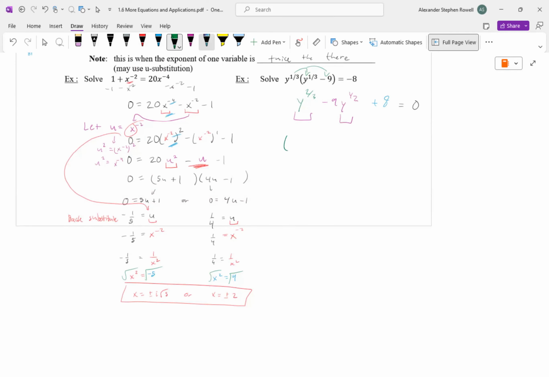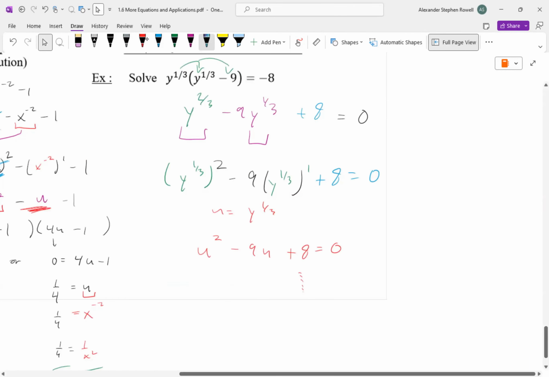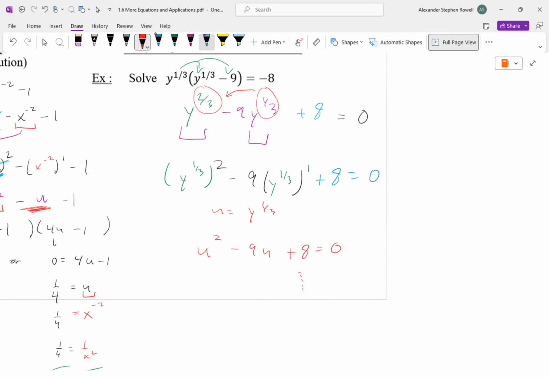So I could really write this as y to the 1/3 squared minus 9 y to the first power of 1/3, plus 8 is equal to 0. And we could say, let u be y to the 1/3. And we could write u squared minus 9u plus 8 is equal to 0. And I'll finish that in the notes, but I'm going to come back to that later. So the key is that 2/3 is twice 1/3. That's when this is going to work.